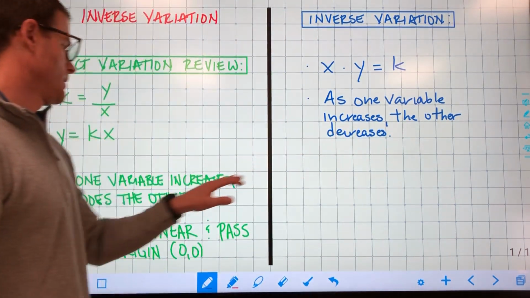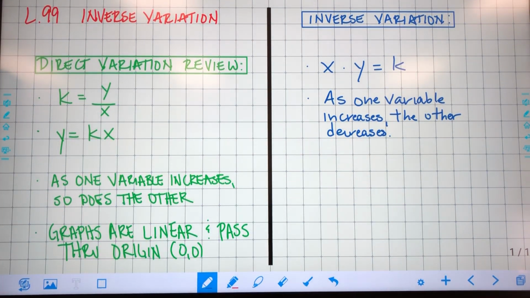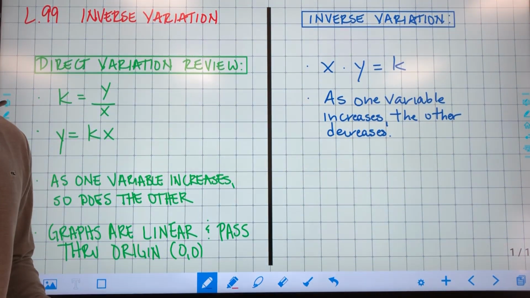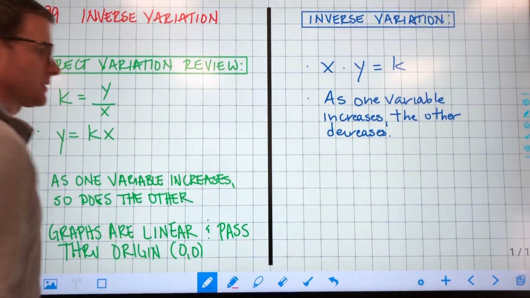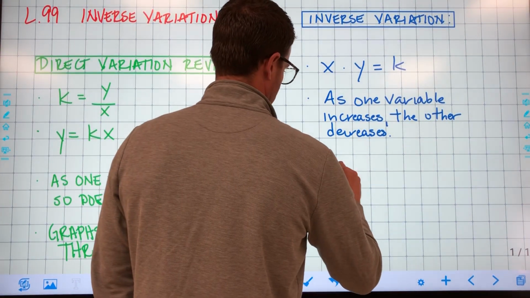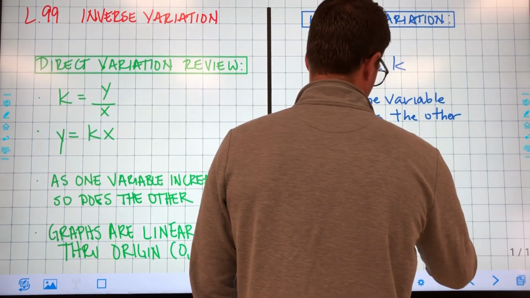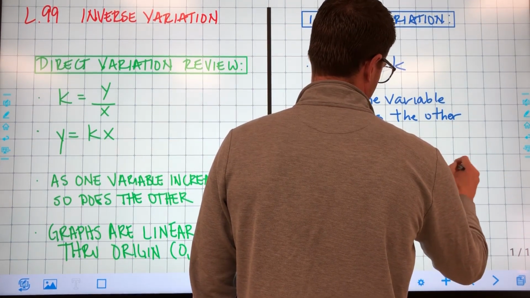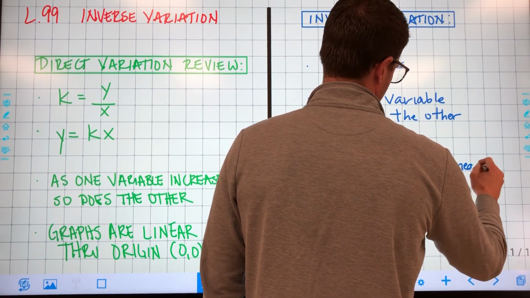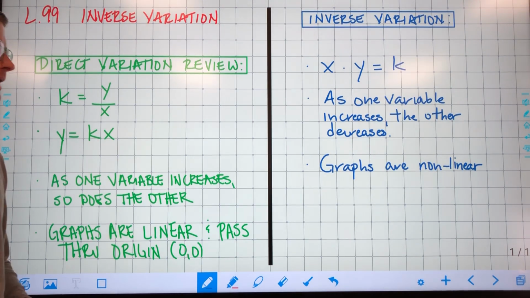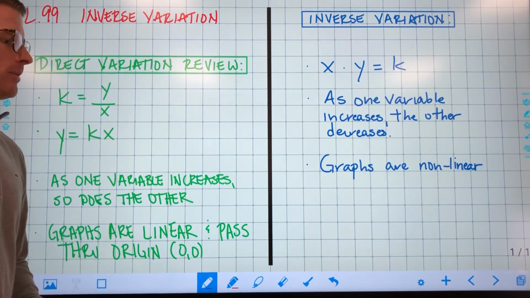So in direct contrast to direct variation, where as one variable increases, the other does as well, here one variable goes up and the other one goes down. And then last, graphs are non-linear. So they do not go in a straight line. All right, so let's look at a couple of examples.